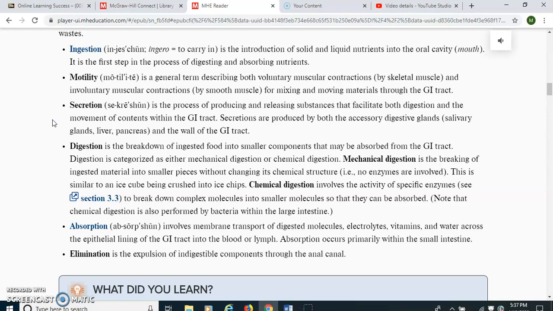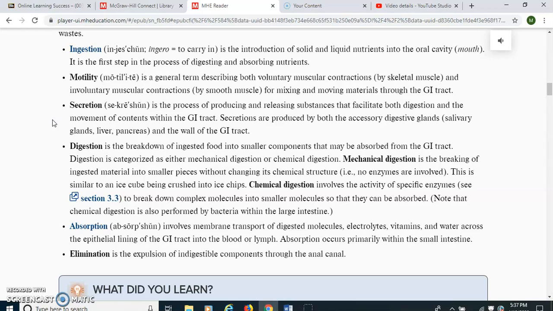And that's where there's no enzymes involved. It's just physically or mechanically taking big pieces of food and breaking them down into smaller little pieces. And that's a process that needs to be done so that later on the rest of the digestive system can efficiently break it down even further.